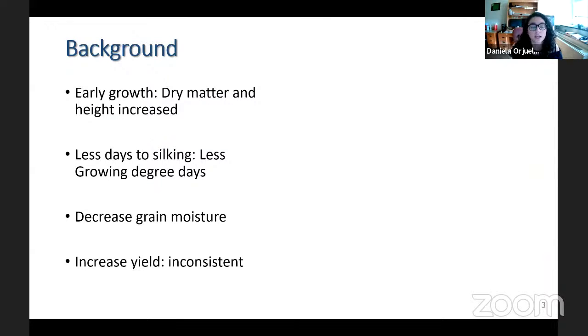And research that has been done here at Purdue in recent years has shown that the early growth is enhanced. And this enhancement is either by higher dry matter accumulation, or an increase in height.